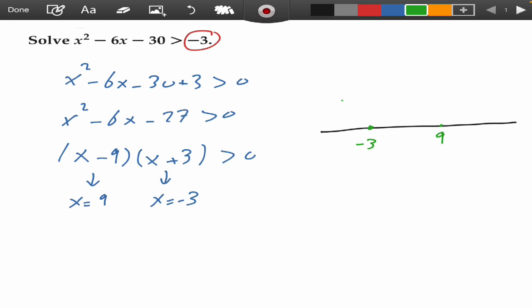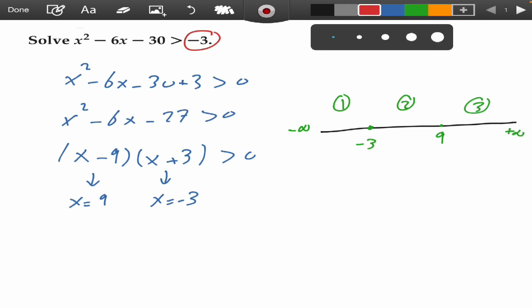I need to know the signs in every interval. We have 3 intervals: from negative infinity to negative 3, the second interval from negative 3 to 9, and the third interval from 9 to positive infinity. I'm going to choose any number in this interval. Let's say I'm going to choose negative 4.